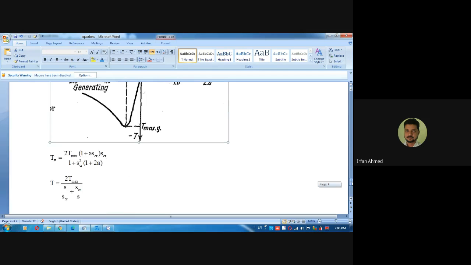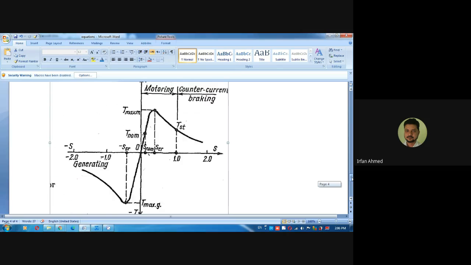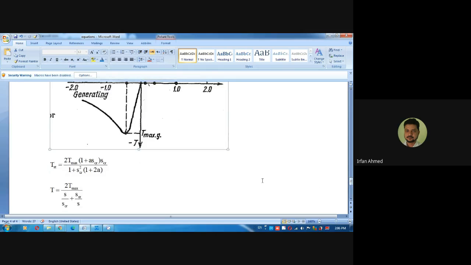Okay. Now based on this, we can approximately draw the speed torque characteristics. For low values of slip, this S by SCR can be neglected. It does not become 0, but it can be approximated to 0. So torque becomes equal to 2 Tmax divided by SCR by S, or torque is equal to 2 Tmax into S divided by SCR.